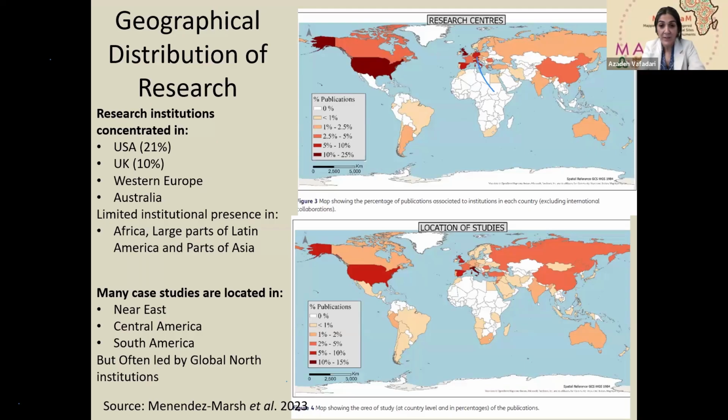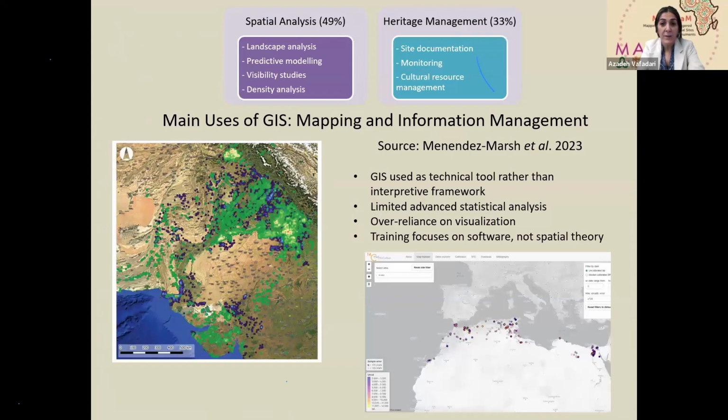Geographically, from this study, most research institutions producing GIS archaeology studies are located in the United States, United Kingdom, and Western Europe. Africa, much of Latin America, and parts of Asia have relatively few research institutions publishing in this area. However, many archaeological case studies are conducted in the Global South, particularly in the Near East, Central America, and South America. But these are often led by Global North institutions. This suggests unequal patterns of knowledge.